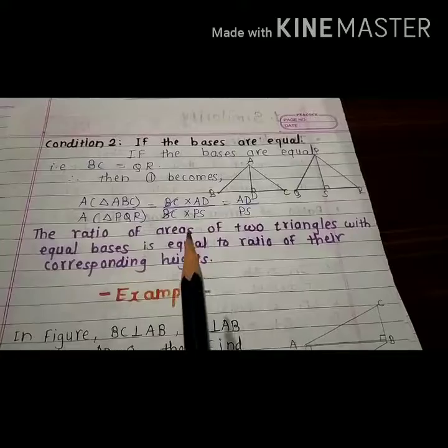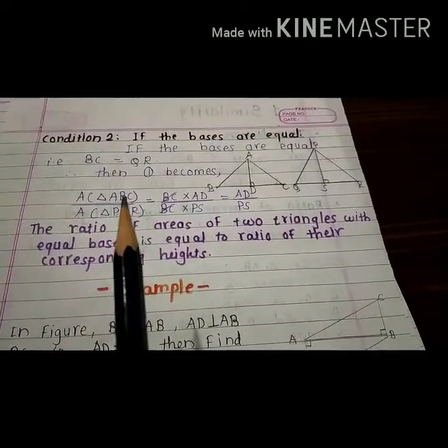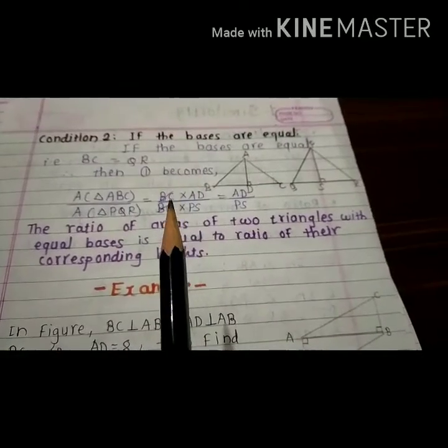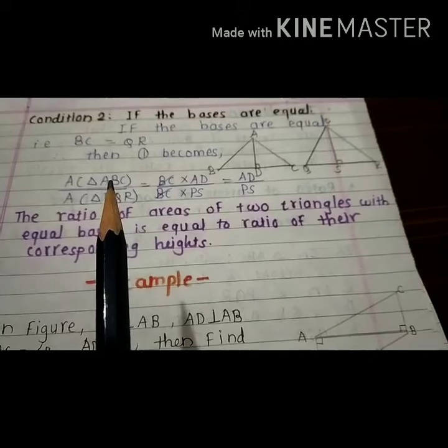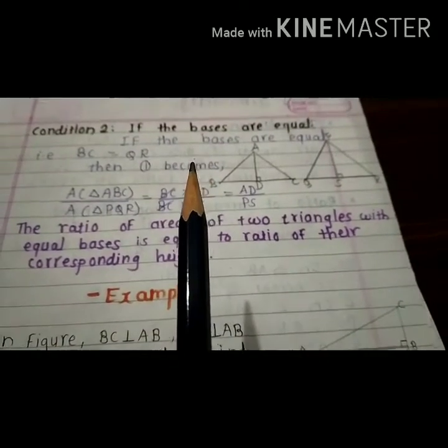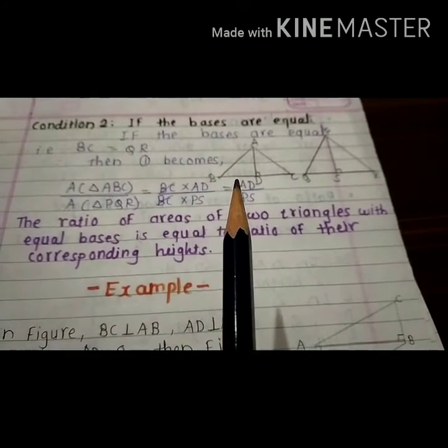We have seen two conditions. If the triangles have equal heights, the ratio of areas is equal to the ratio of bases, and if the bases are equal, then the ratio is equal to the ratio of heights.